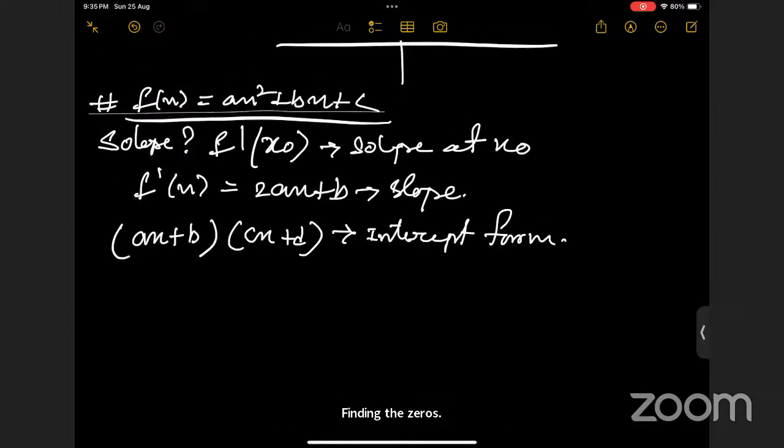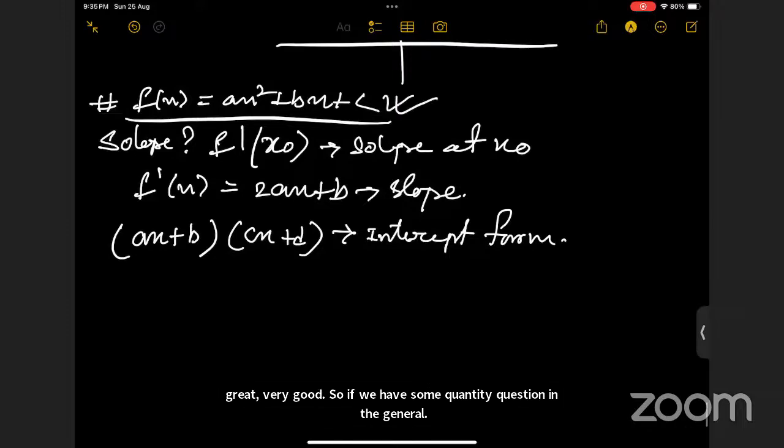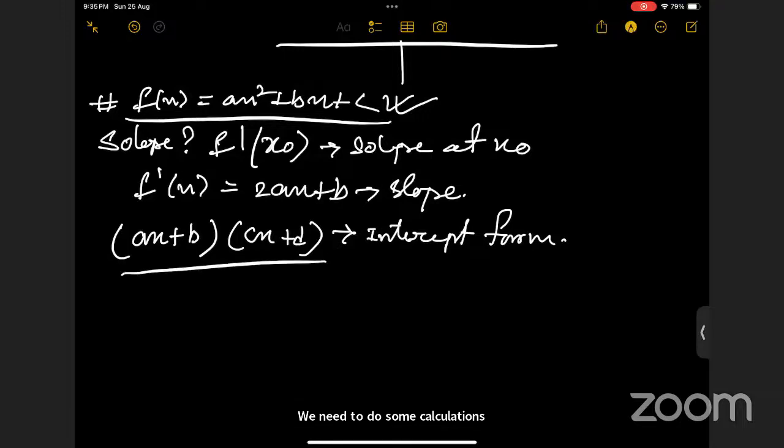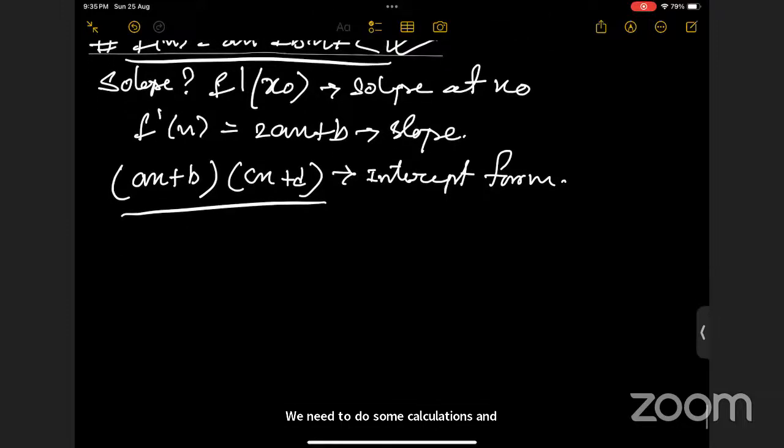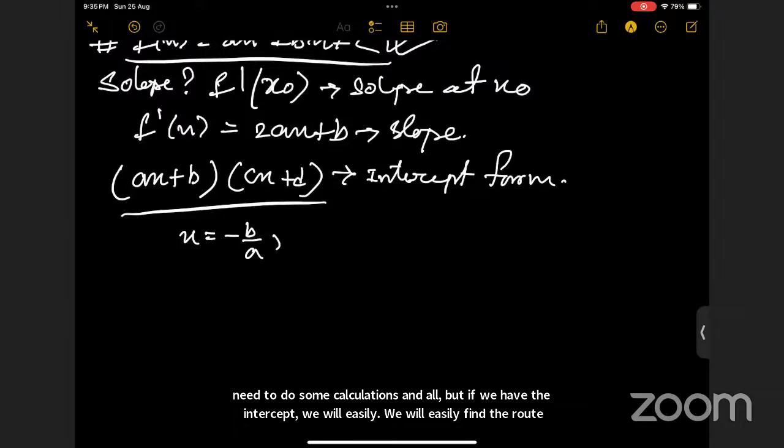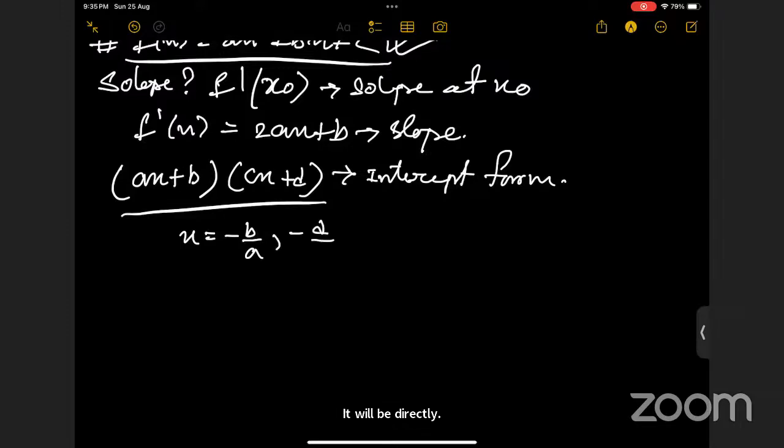If we have a quadratic equation in the general form, we may face some difficulty finding the roots; we need to do some calculations. But if we have the intercept form, we can easily find the roots. It will be directly x equals minus b by a and minus d by c, right?